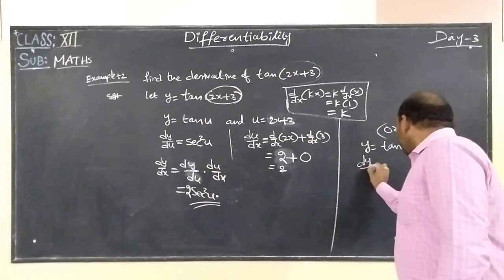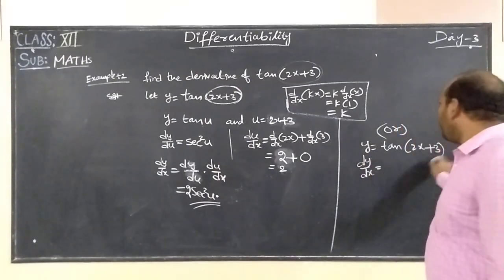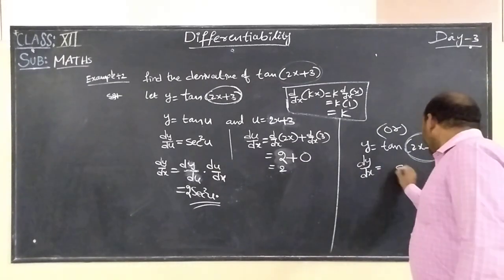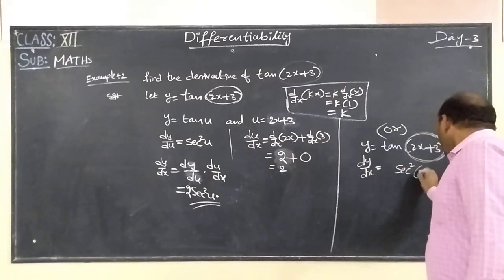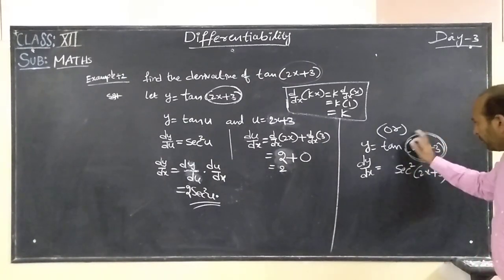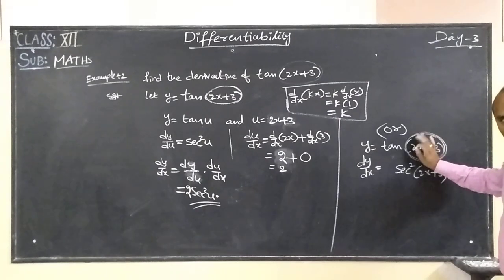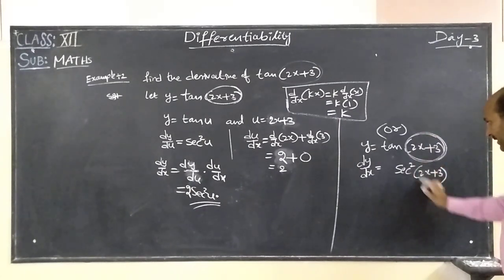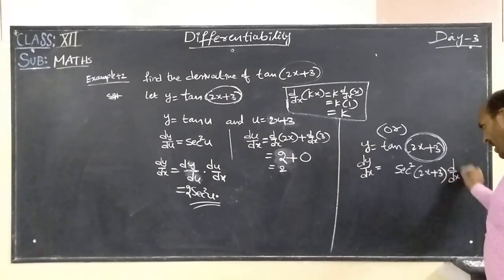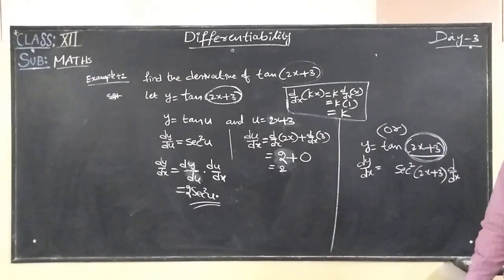dy by dx is equal to the derivative of the tan x form, secant square of the function 2x plus 3. It is in the form of the derivative of tan x, where x is nothing but 2x plus 3. And again you have to do the inner function, 2x plus 3.